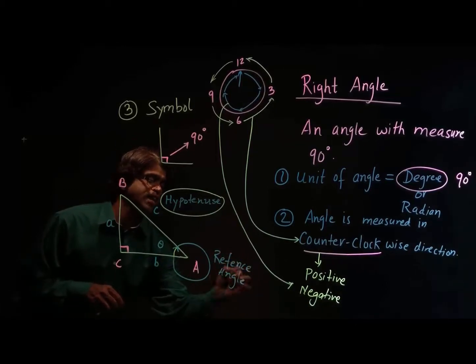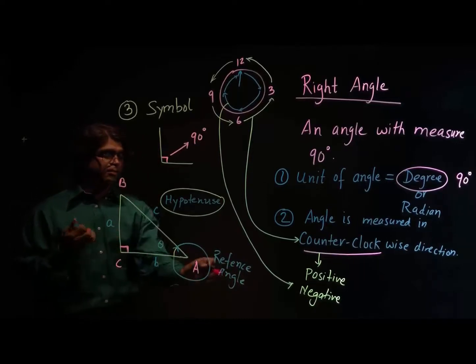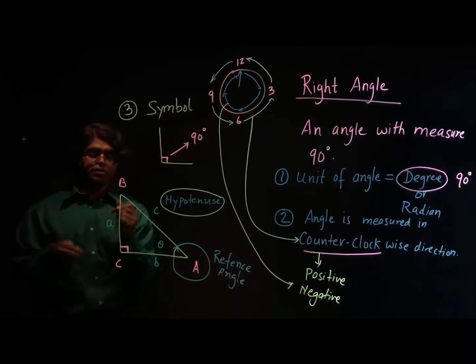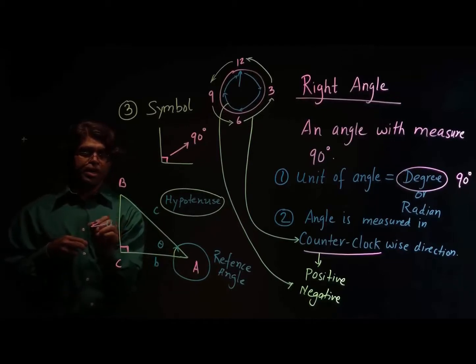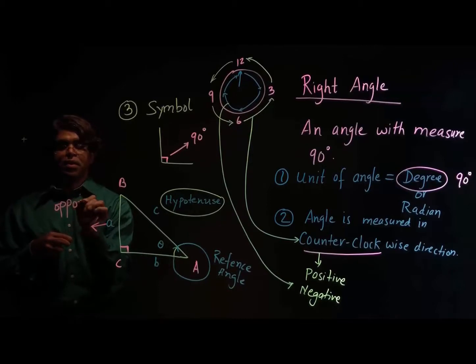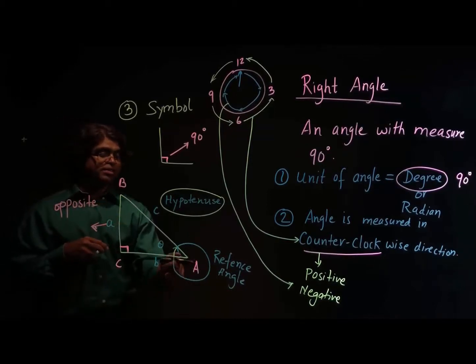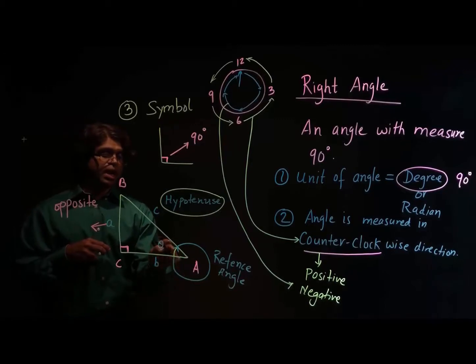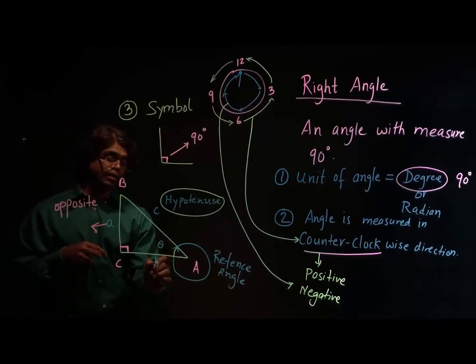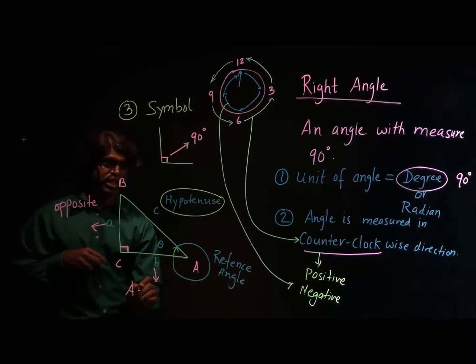And if A is my reference angle, then the name of the side opposite to A, which is small a, is known as opposite. And the name of the side next to angle A or theta is known as adjacent.